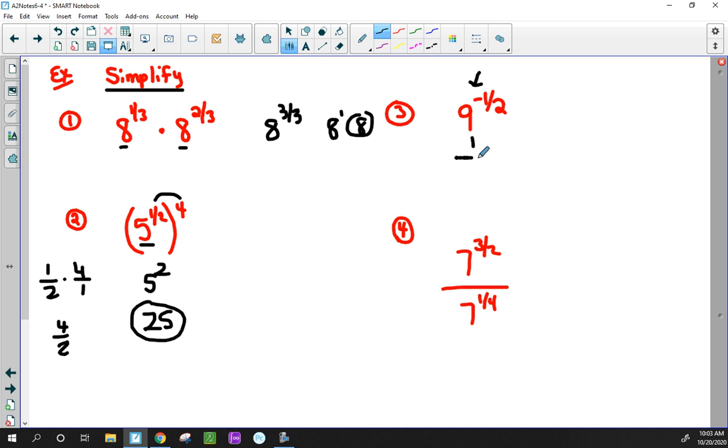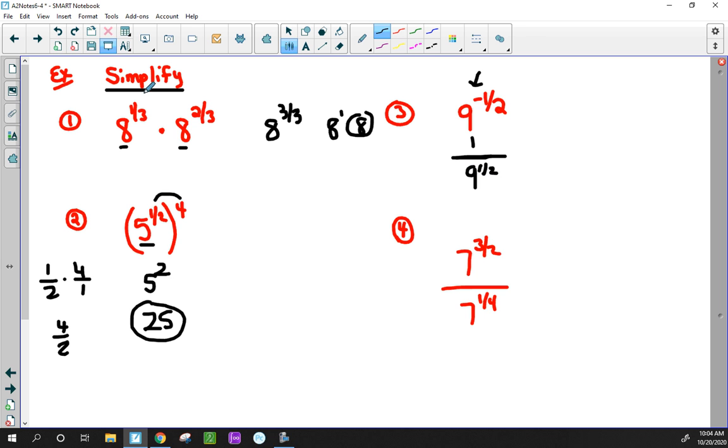So I'm going to move this entire problem underneath the fraction bar. Now when I move it, that negative 1/2 becomes positive 1/2. But because there was nothing left on top, I had to put something there, and that is a placeholder of 1, because dividing by 9 is the same as 1/9. And so it's 1 divided by 9 to the 1/2.